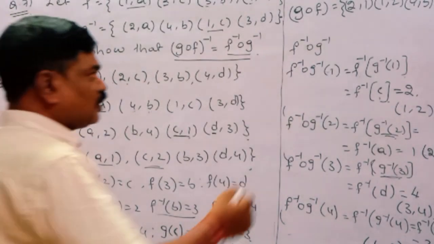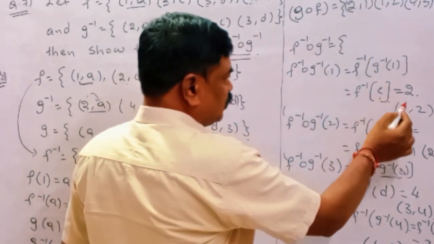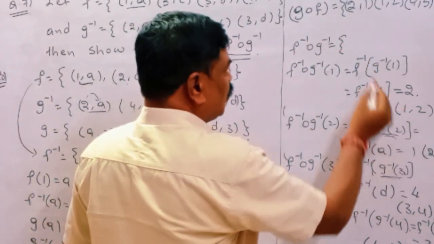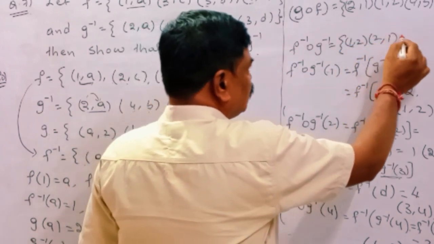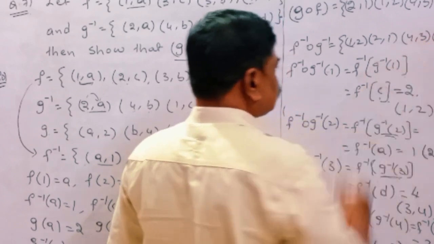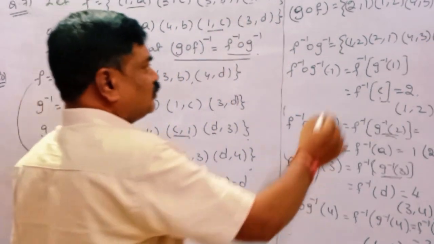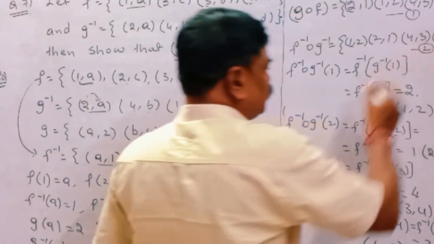So we have to write F inverse circle G inverse ordered pairs: (1, 2), (2, 1), (1, 2) and (2, 1), and (4, 3) and (3, 4). By observing these two, this is equation 1 and this is equation 2.